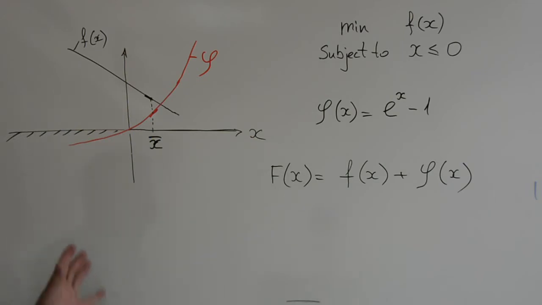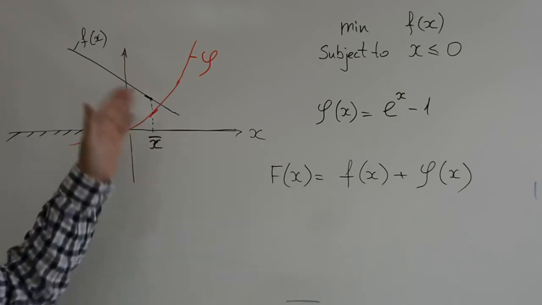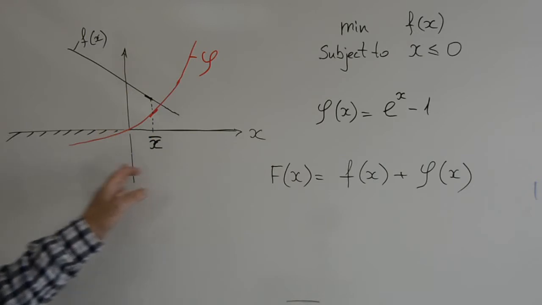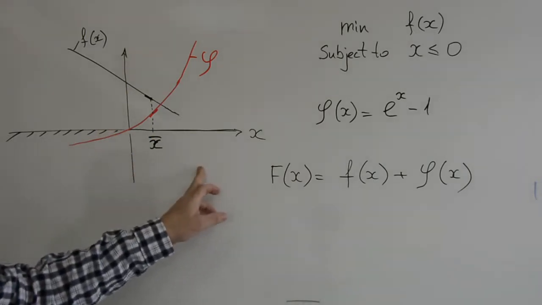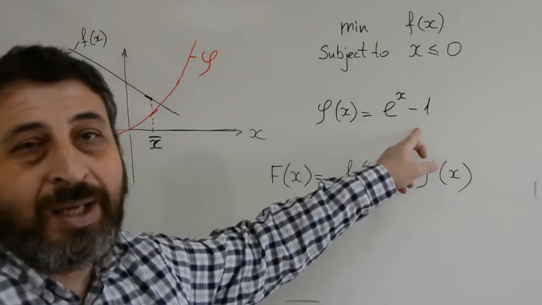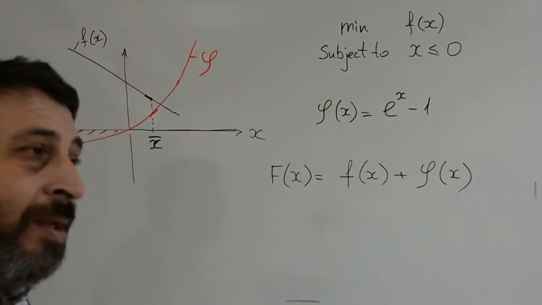So we build a penalty function phi, which penalizes values of x which are out of the feasible area, in this case positive x's. For example, we can take an exponent, which is written here.